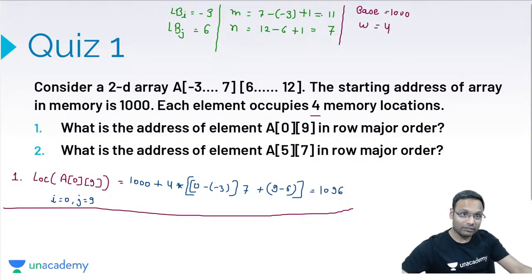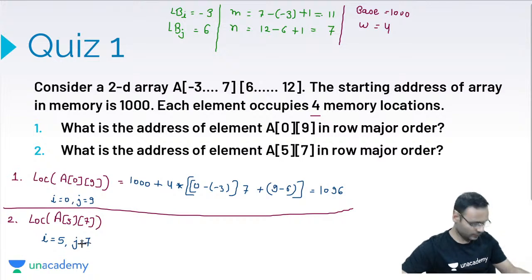The second one says that you need to find out the location of A of 5, 7, in row major order only. So I value is 5, J value is 7. Apply the formula, get the answer.